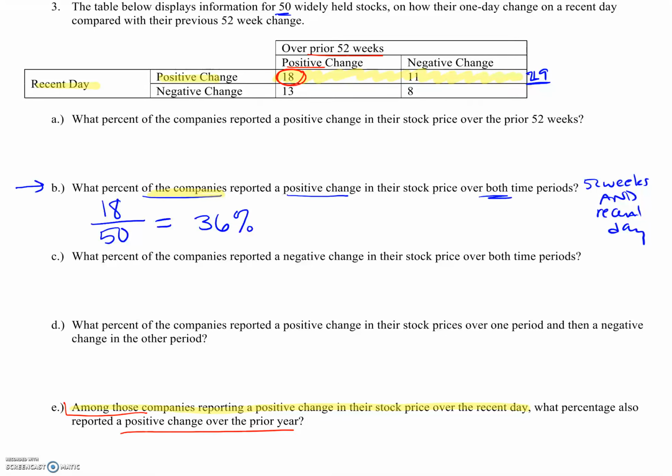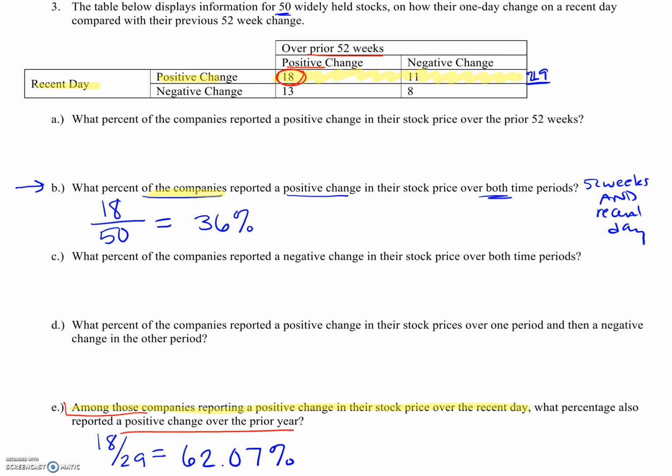Moment of special. So now we're looking at 18 over the 29, which is 62.07%.